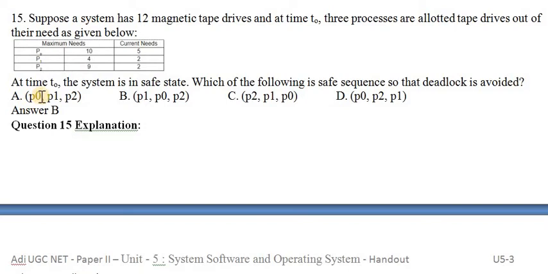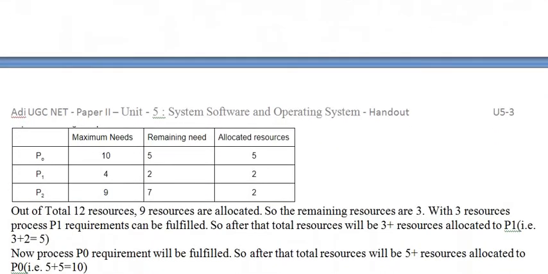They are asking: at time t0 the system is in a safe state, which of the following sequences avoids deadlock? They say it is safe, and we want to check it out.